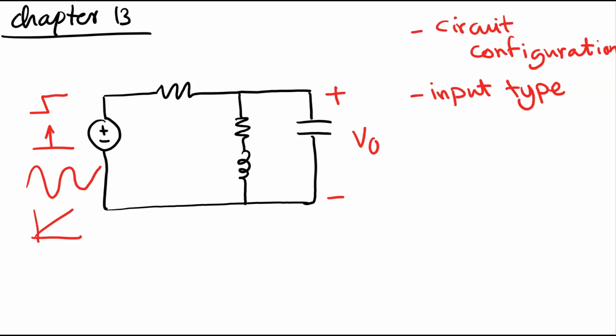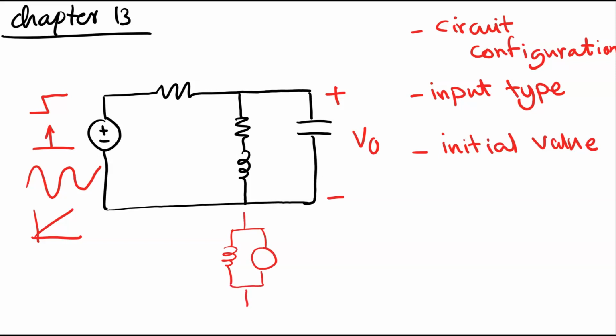And the last one is your initial values. And you know why they affect your circuit. Because, for example, if you have an inductor and it has some initial value, you have to show that in your Laplace circuit by a current source or a voltage source. Same for your capacitor.